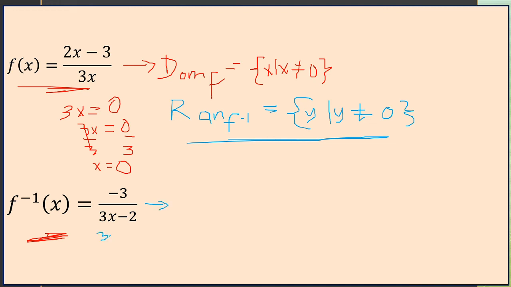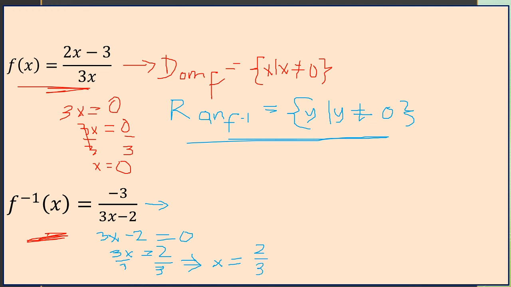So the domain will be, okay, we have 3x minus 2, equate natin yan sa 0. So we have 3x equals to positive 2, then divide both sides by 3. x is equal to 2 over 3.